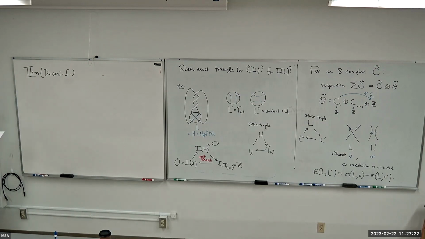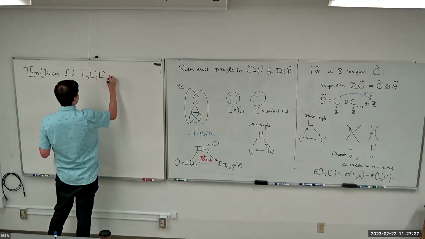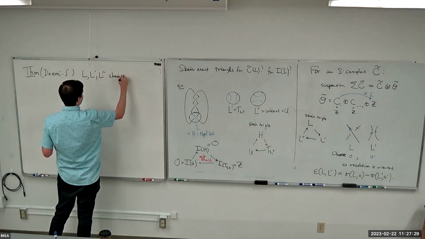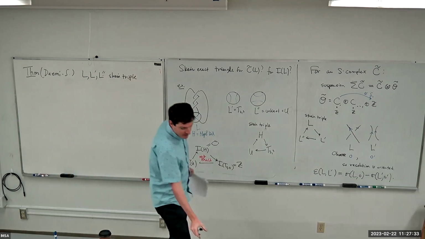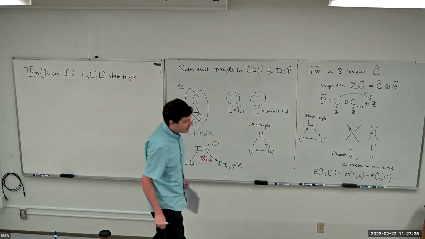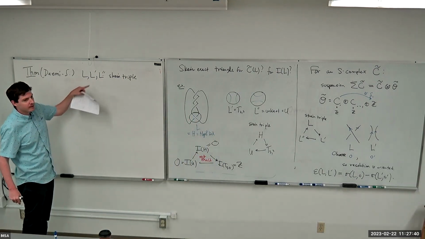So if we have a skein triple, whenever you have any skein triple, one of the links has one more component than the other two.